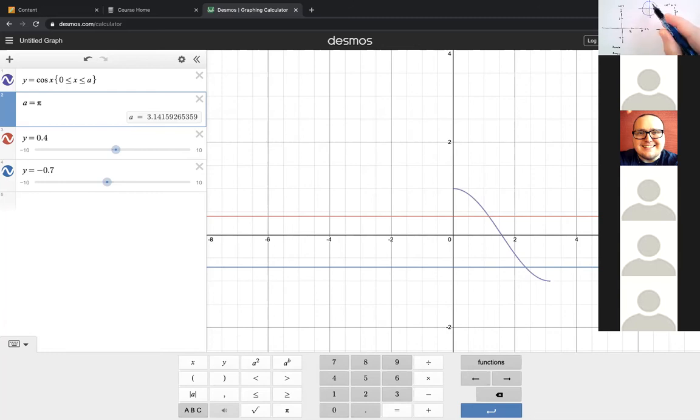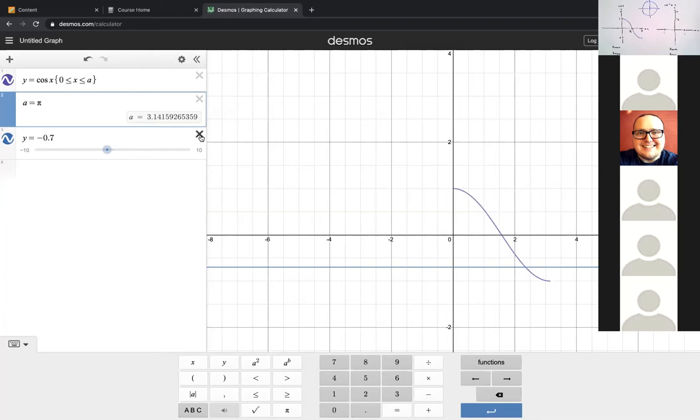So 0 over to pi will be our domain, and we can go ahead and plot this little segment of cosine. Something like this.